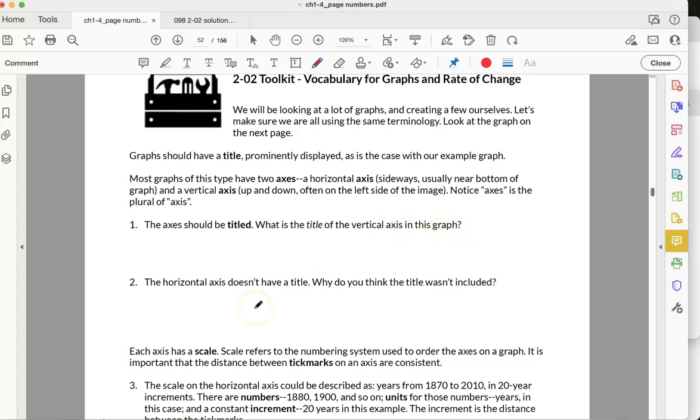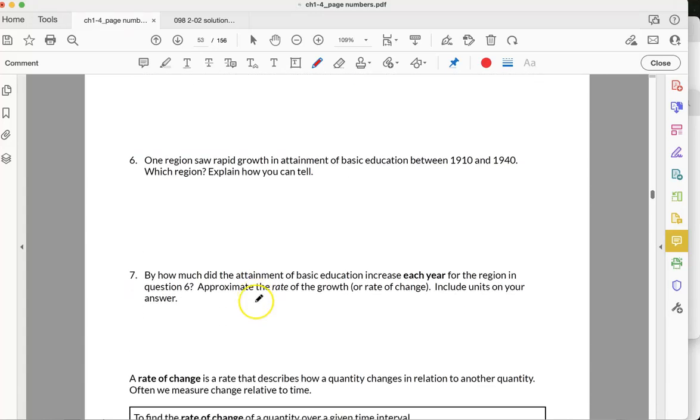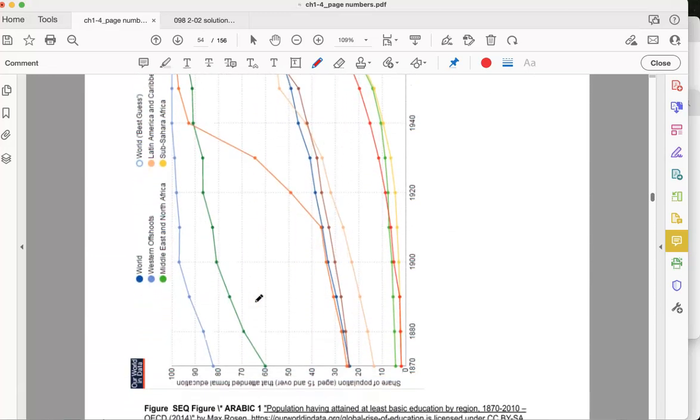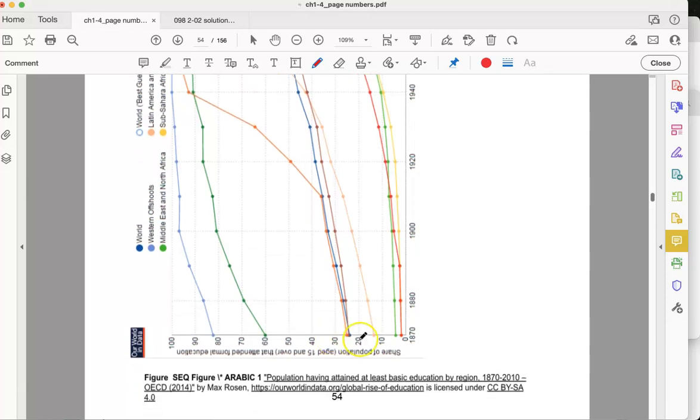graph? So if you go to page 53 in your book, this graph is presented, and I have it here in color, but unfortunately it's sideways. So this is the vertical axis, and it says share of population that attended formal education.